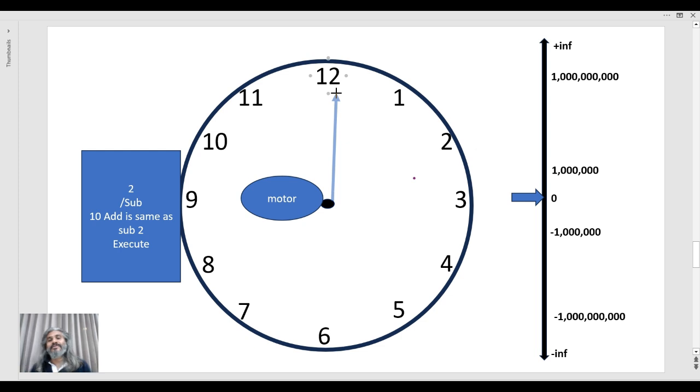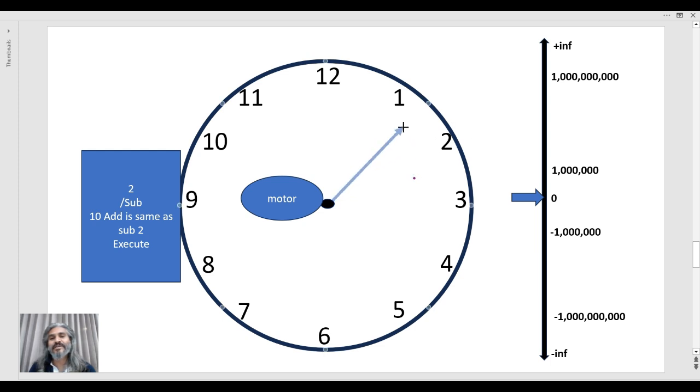So the word we give it is complement, because if we add them together, what will happen? We will arrive at a limiting number, or we will come back to origin. So here we go back 2 steps, correct?